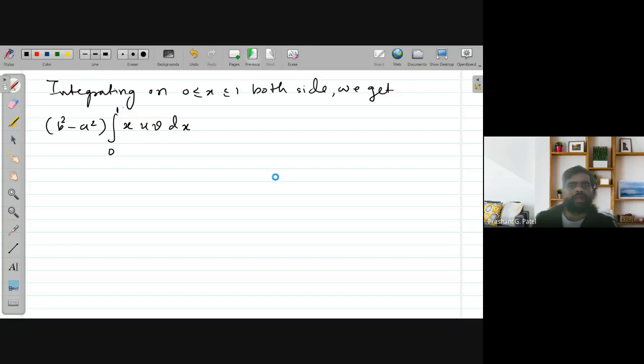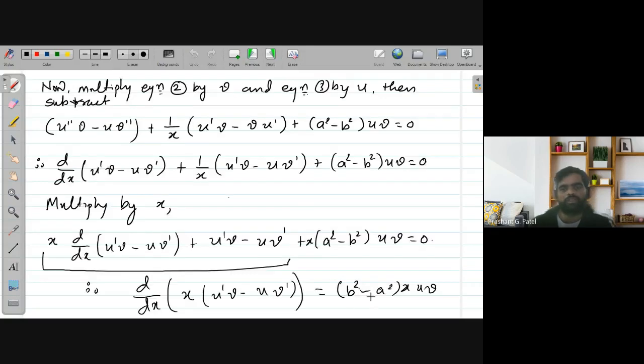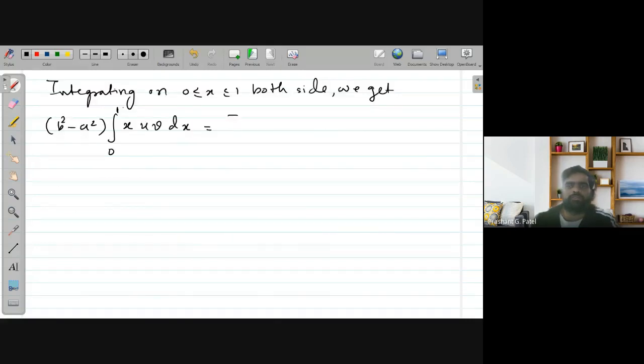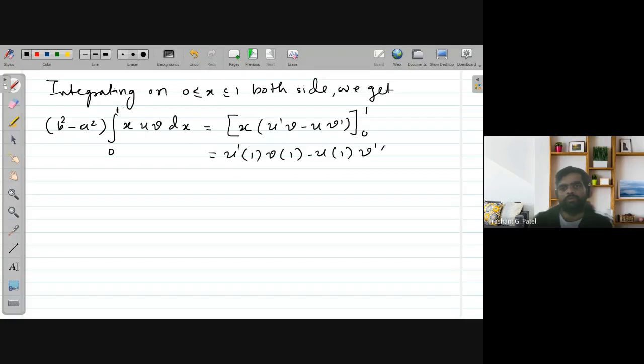I have written this side quantity first and then this. So integration of this derivative will give you this term, but the limit is from 0 to 1. So that's why this will give you x into u dash v minus u v dash, with limit from 0 to 1. So when you substitute 1 and when you substitute 0, everything is 0 because 0 into anything is 0. And when you substitute 1, this will be u dash 1 v1 minus u1 v dash 1.